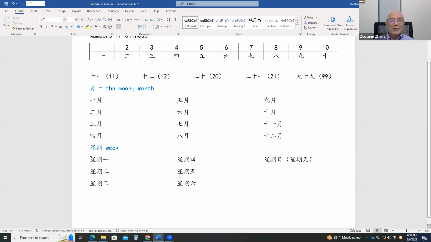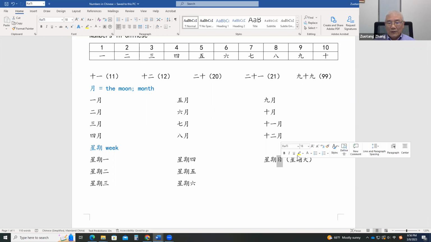So 星期一, that's Monday, 星期二, Tuesday, 星期三, Wednesday, 星期四, Thursday, 星期五, Friday, and 星期六, Saturday. However, we do not say the 7th day of the week, 星期七. No, we do not say it that way.